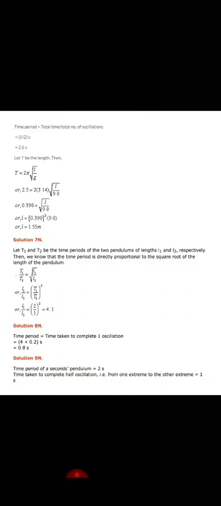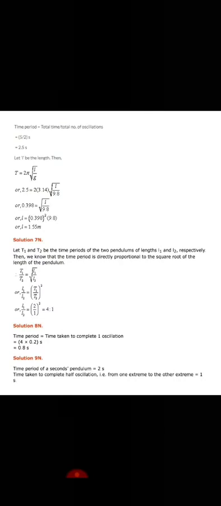Next sum. It is given that, you can note down the question, the pendulum oscillates 5 times in 2 seconds. If it is 5 times in 2 seconds, so in 1 second it will oscillate 2.5 times. So the time period is 2.5 seconds.